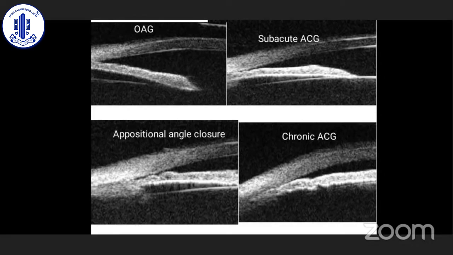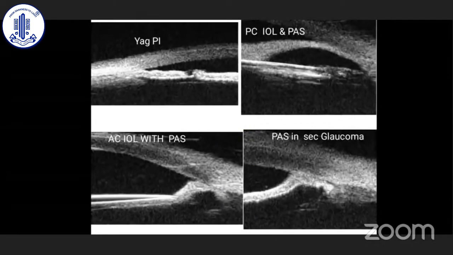You can use these as a tool, and when the patient sees these, it is easier to motivate the patient towards treatment. YAG PI is done here. It has opened up the angle. Look at the right bottom picture, the PS in secondary glaucoma. These are the ones we get in uveitis and neovascular glaucoma.